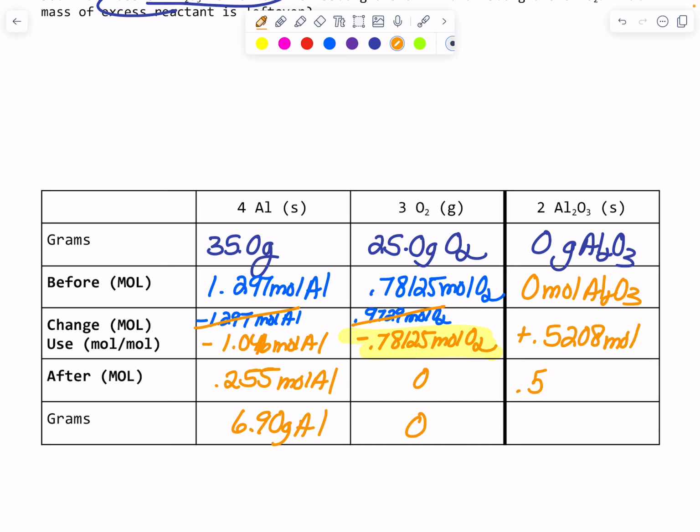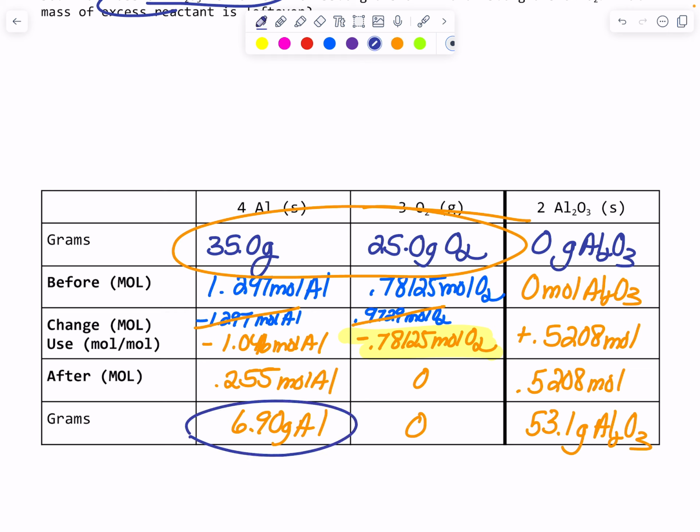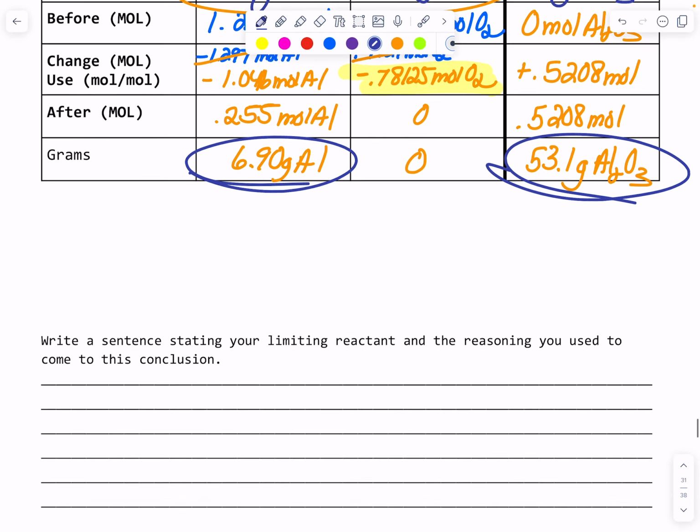Since I started out with 0, I will wind up with 0.5208 moles of aluminum oxide, or 53.1 grams of aluminum oxide. And again, if I look, I started with 60 grams of material and I ended with 60 grams of material. So that means I have done this problem correctly because the law of conservation of matter holds.